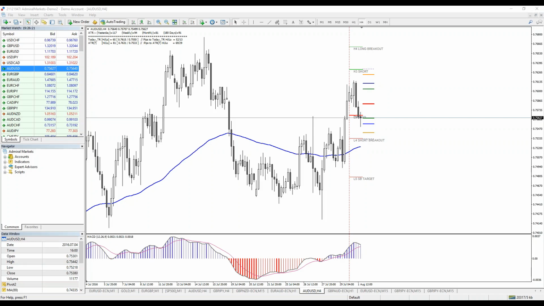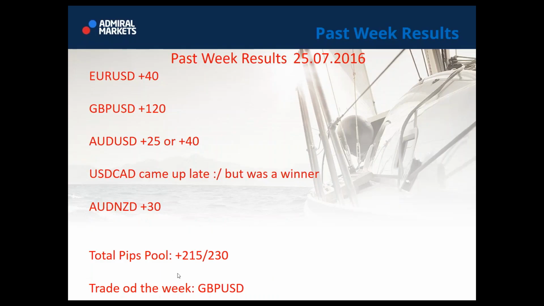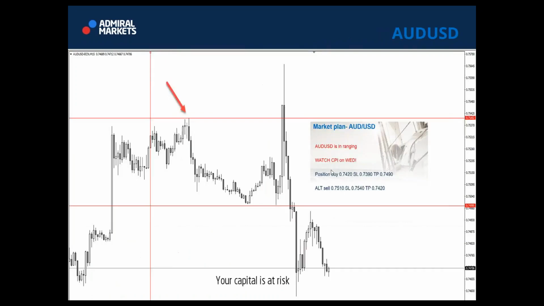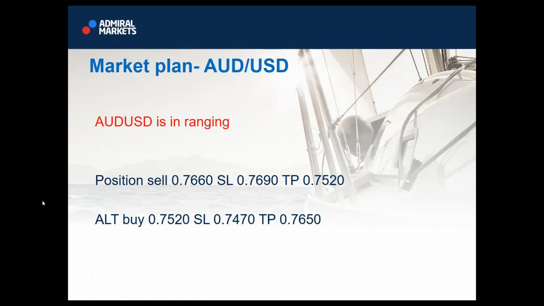And yes, for all of you who are late, guys, these were previous week results. So that was it. And here Australian Dollar, 0.7660 sell, 0.7690 stop. TP is 0.7520. Buy is 0.7520, stop 0.7470, TP 0.7650. Okay, so this is it.